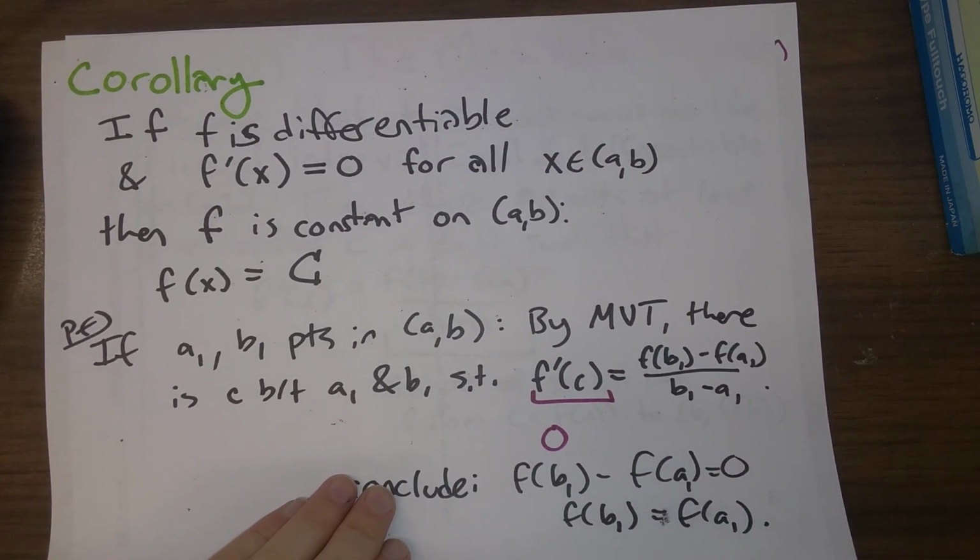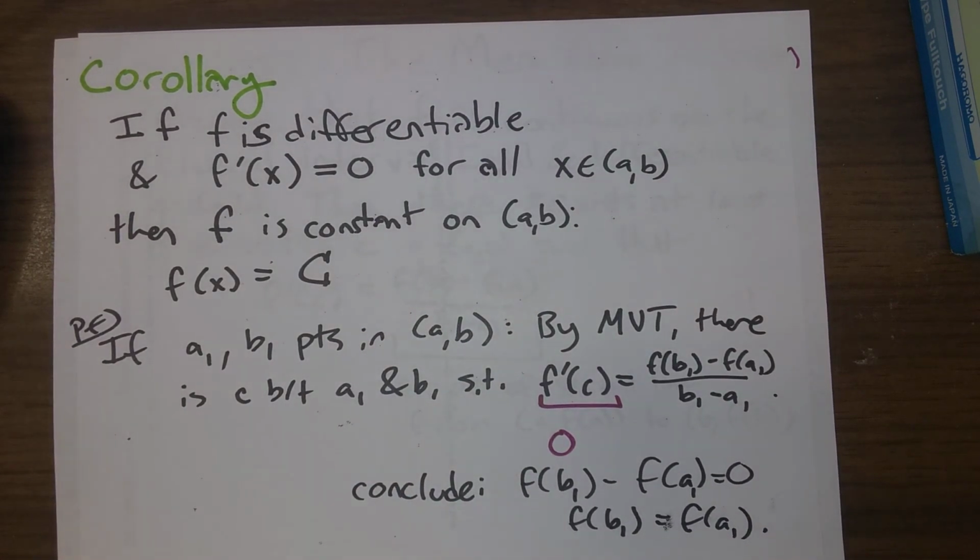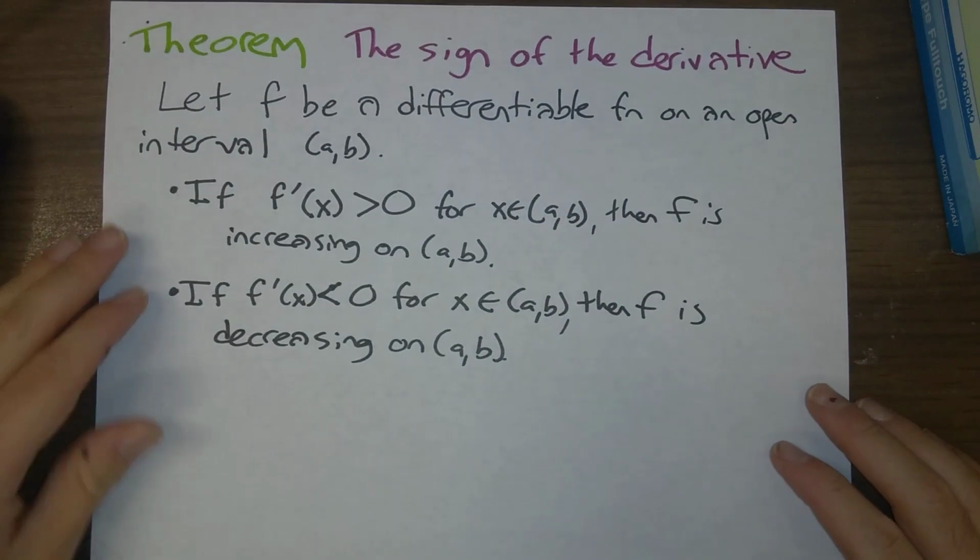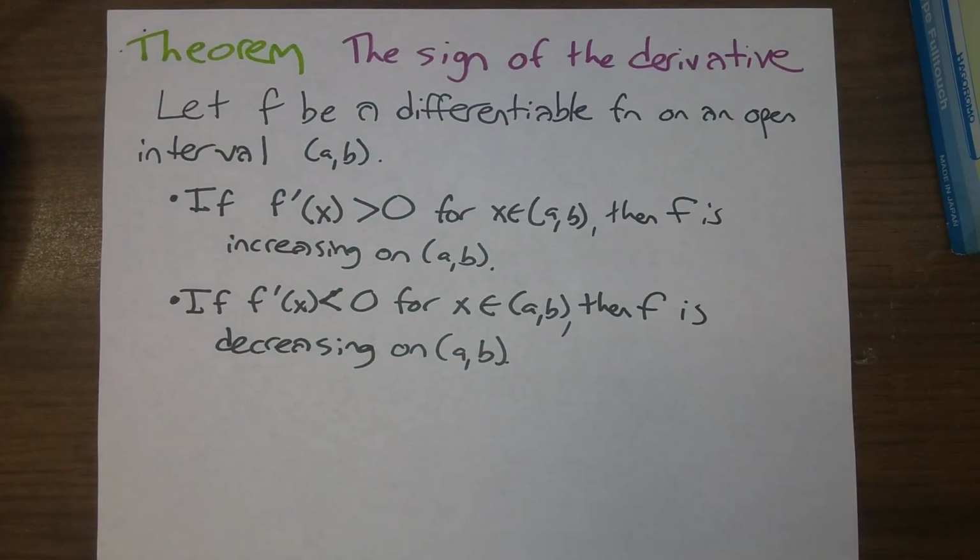Another thing that we can get has to do with signs of the derivative. What does the sign of the derivative, whether the derivative is positive or negative, tell us about how the function behaves? So here is a theorem.